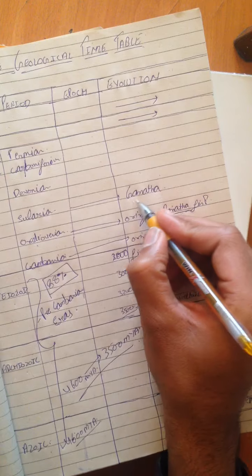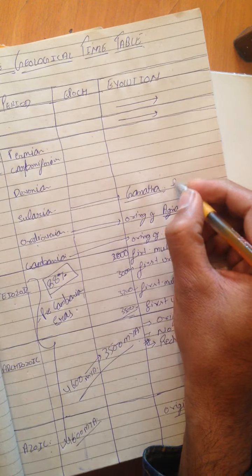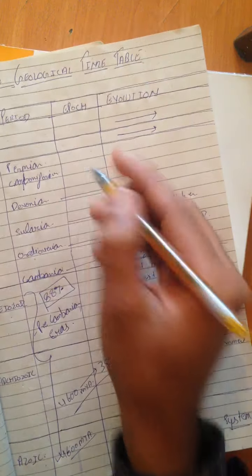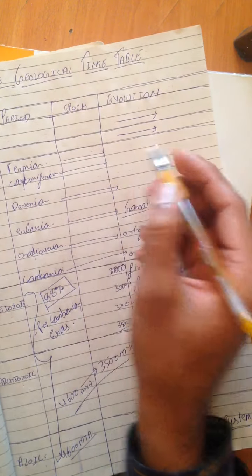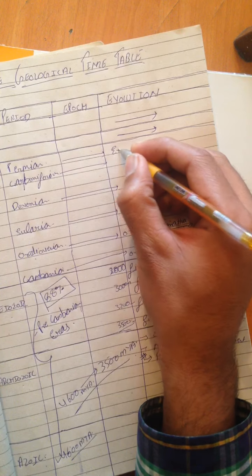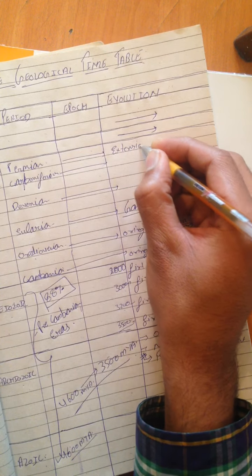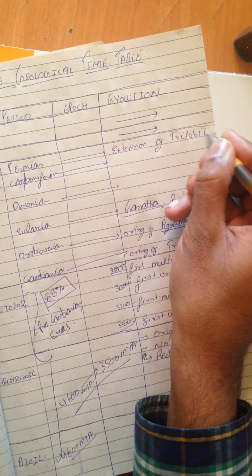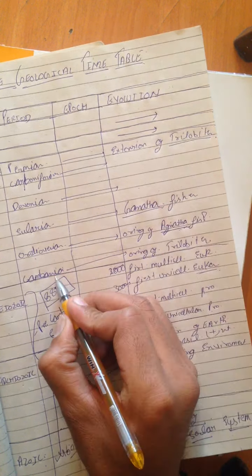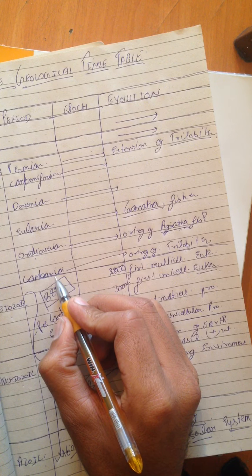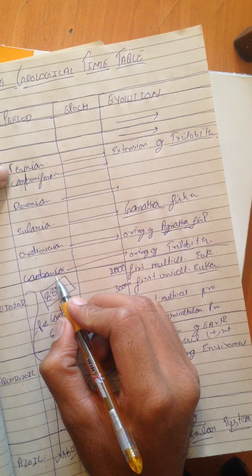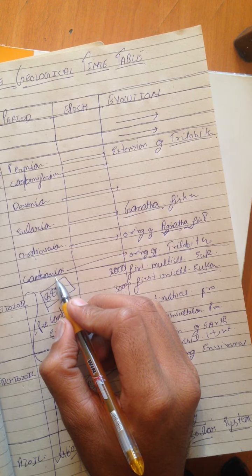Jawless fishes. And Gnatha is what? Jawed fishes. In Devonian, in Carboniferous, and in Permian. In Permian, the extinction of trilobites.